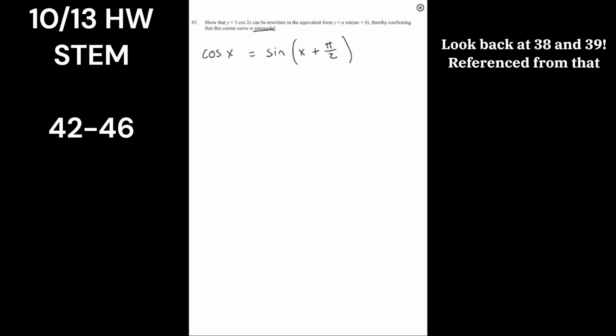So cosine of 2x should equal sine of 2x plus pi over 2. So this should equal cosine of 2x, which is sine of 2x plus pi over 2. And that should be your answer.